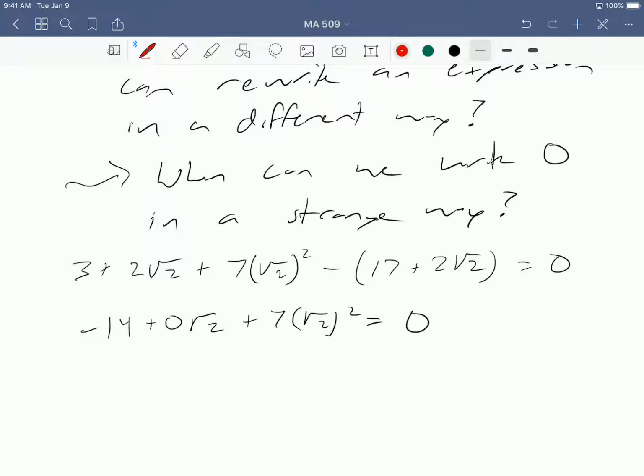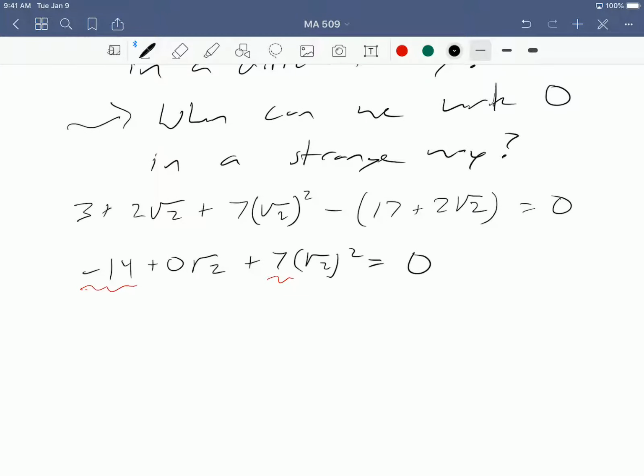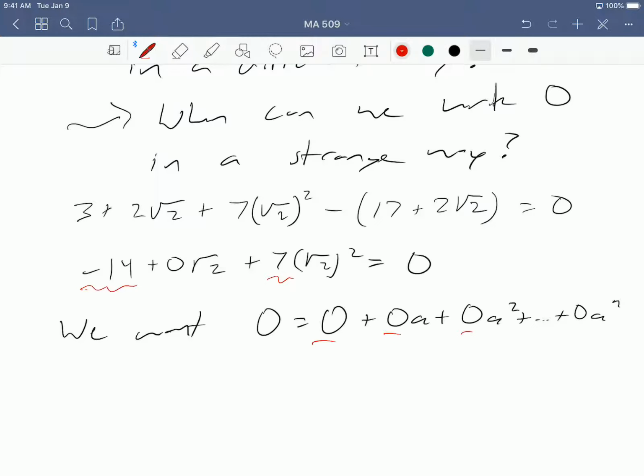Since we know a lot about how root 2 works, we know that this is 0, but it sure doesn't look like 0. It has this negative 14 in it, and a 7 in it, and that's a little bit bizarre. So we want 0 to be 0 and 0 a's and 0 a squareds all the way up to whatever power you want. You want all these 0 coefficients.